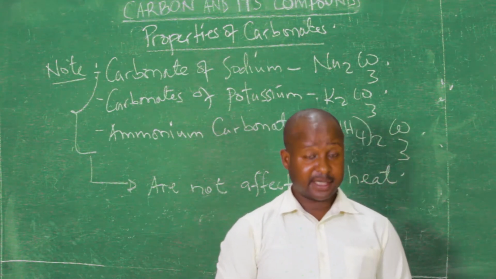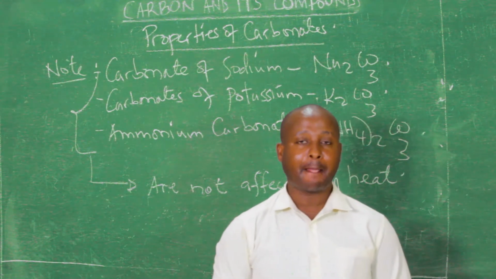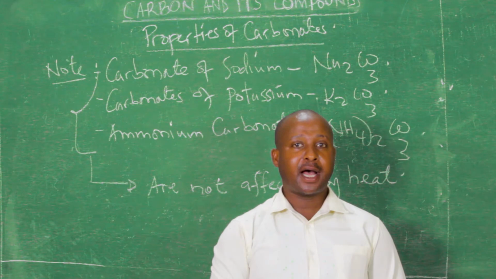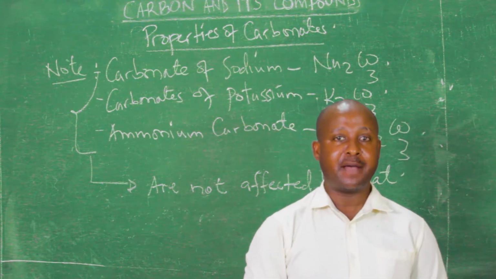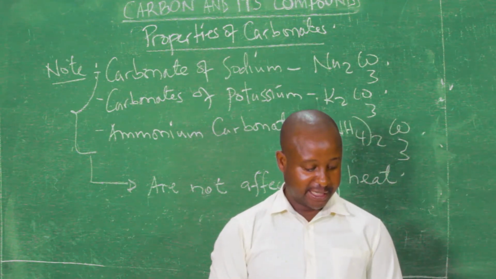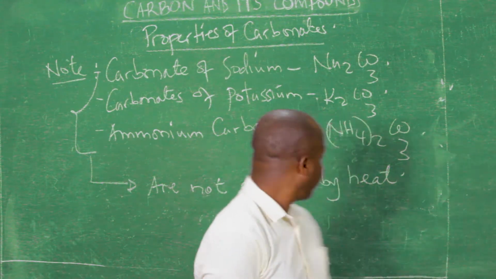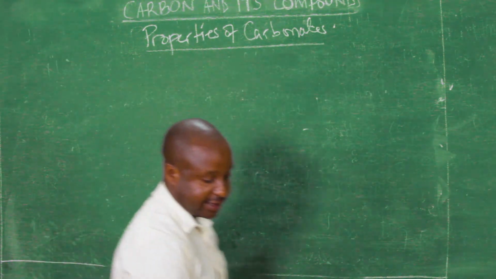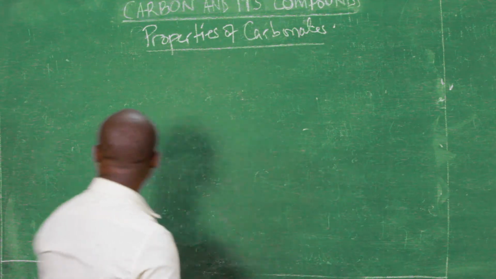Let's look at the equation of the reactions when the rest of the carbonates of higher metals are affected by heat. For example, how is zinc carbonate affected by heat?